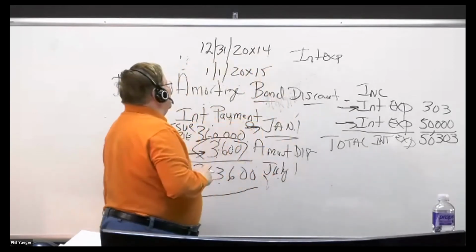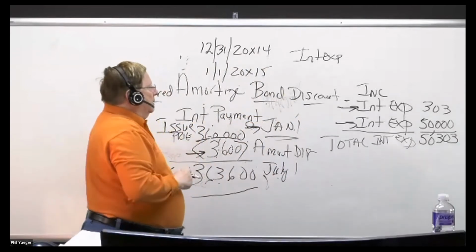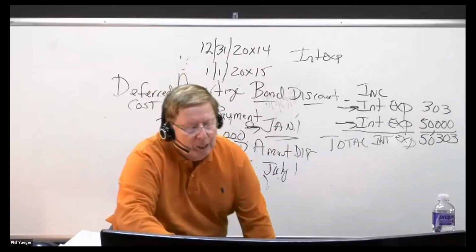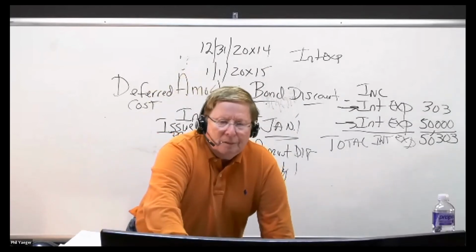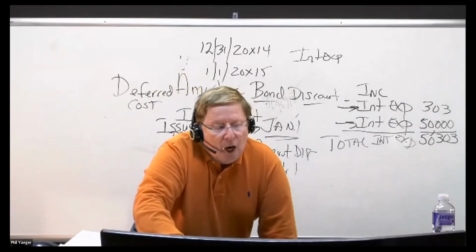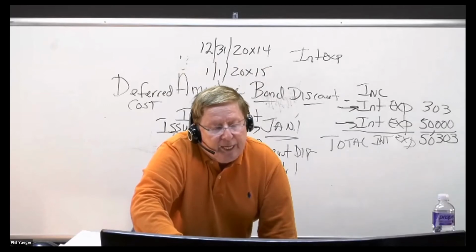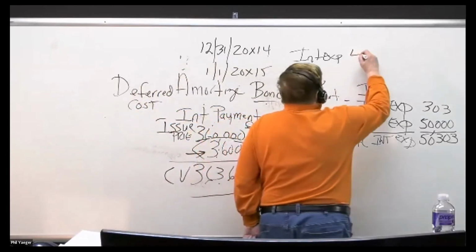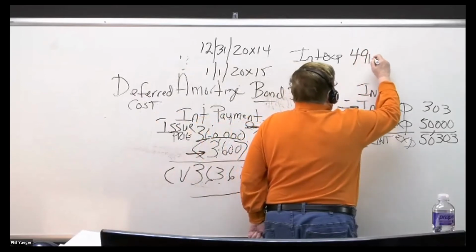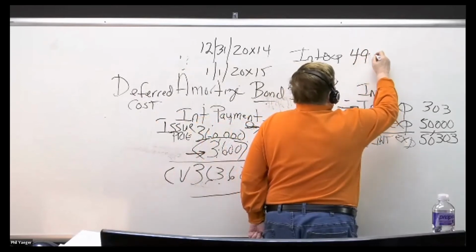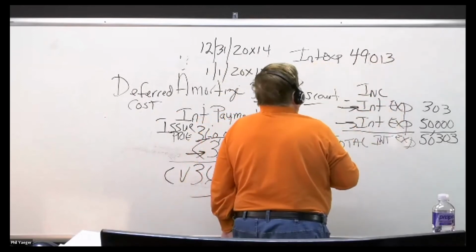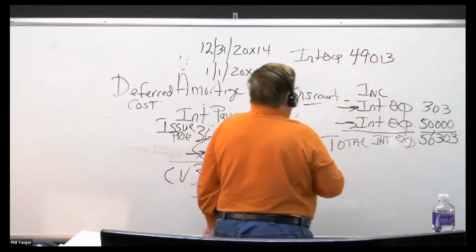How much is the interest expense on 1/1/2015? Does anybody know what I'm doing? It's 49,013, isn't it? Yes. So I'll debit interest expense, 49,013.